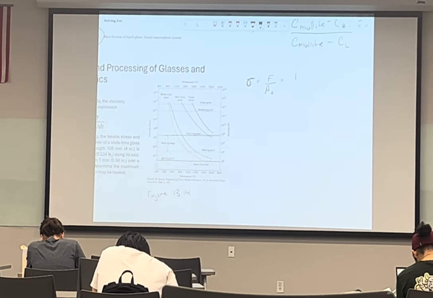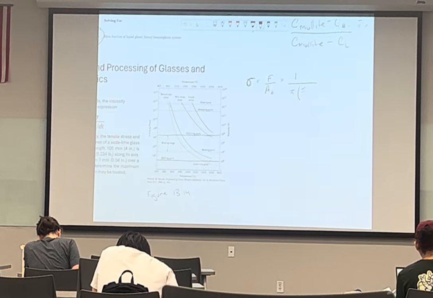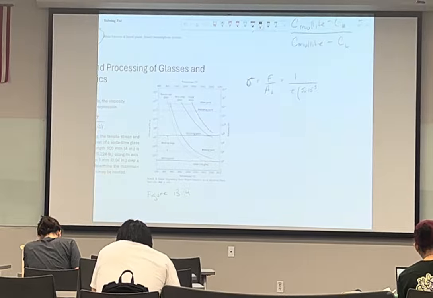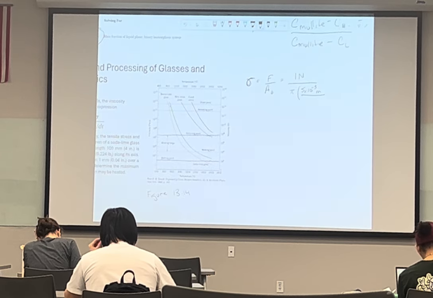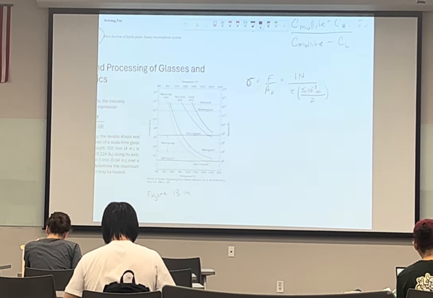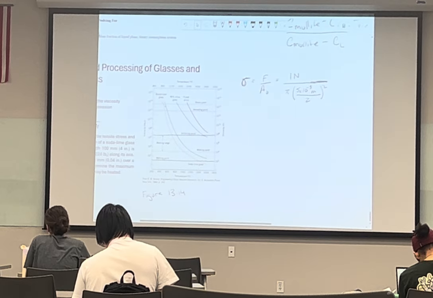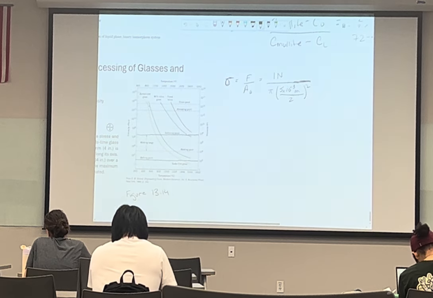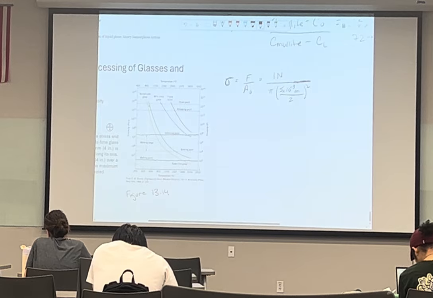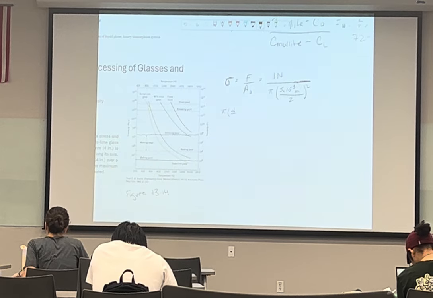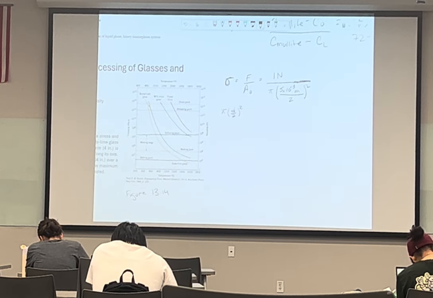And we know our force is 1 newton from the problem. And our area is just going to be pi multiplied by 5 times 10 to the negative 3 meters divided by 2, squared. Here's just the conversion from millimeters to meters, keeping everything in SI units. This is just the area equation of a circle, so if you remember that, we're good.